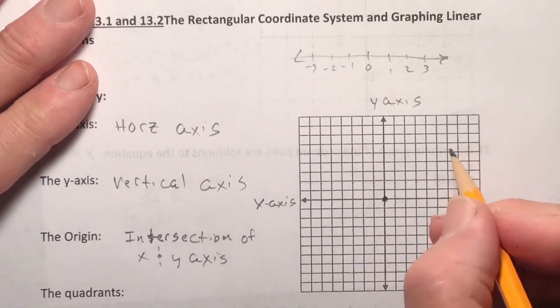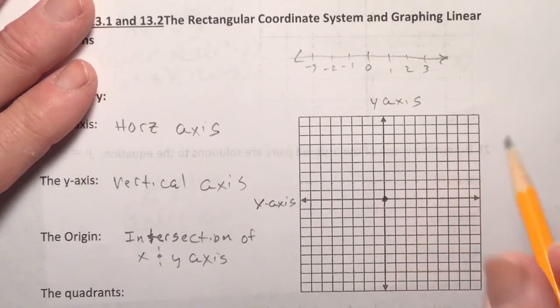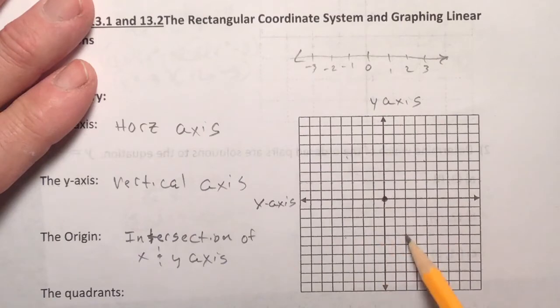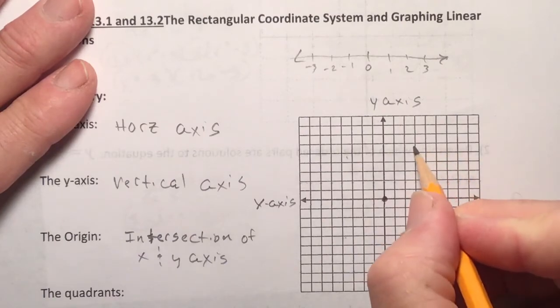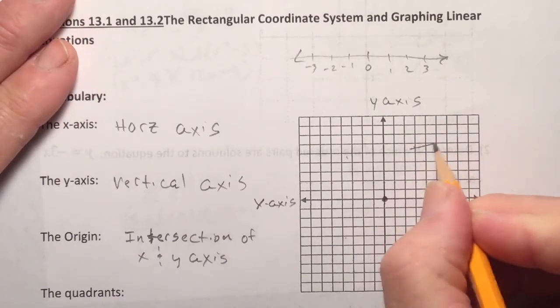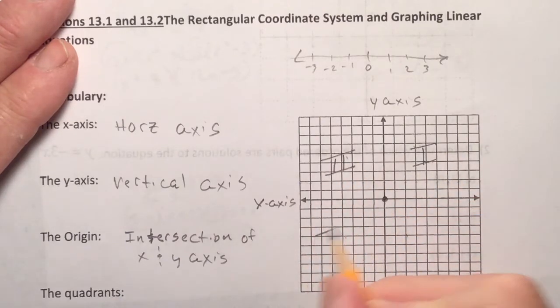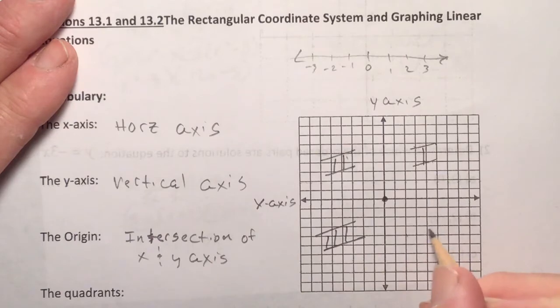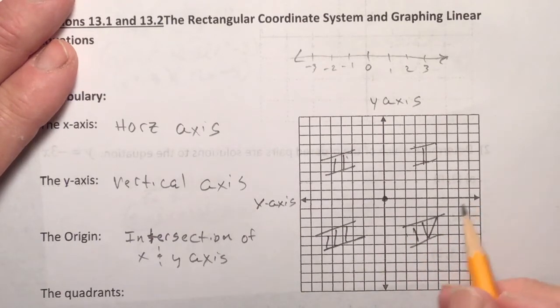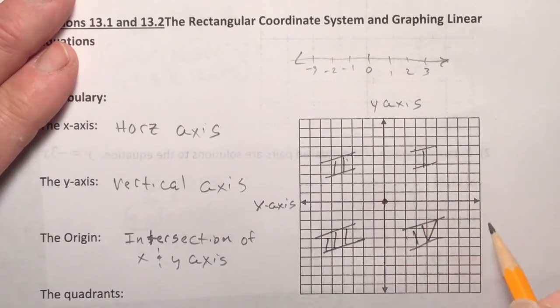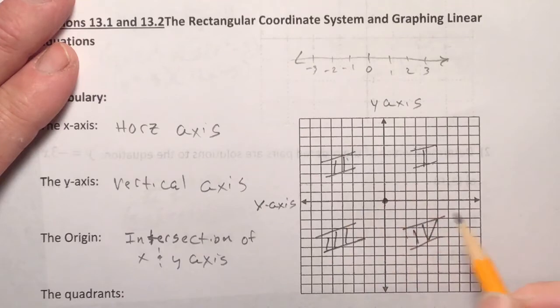Okay. Now, this is a rectangular coordinate system, and each one of these little blocks here, this would be quadrant 1. This is quadrant 2, quadrant 3, and quadrant 4. So it kind of goes counterclockwise. Just make sure that you know which quadrant is which.